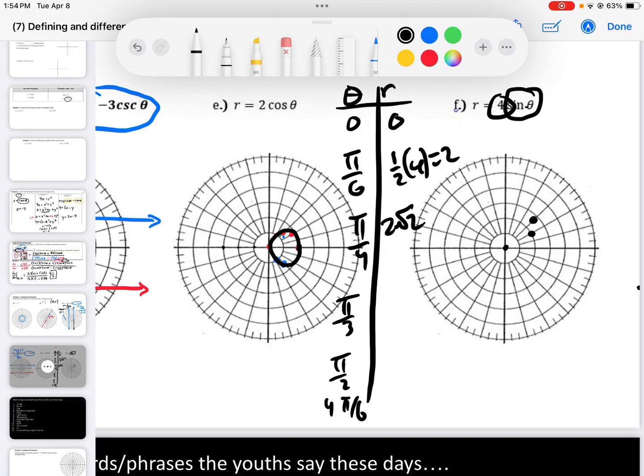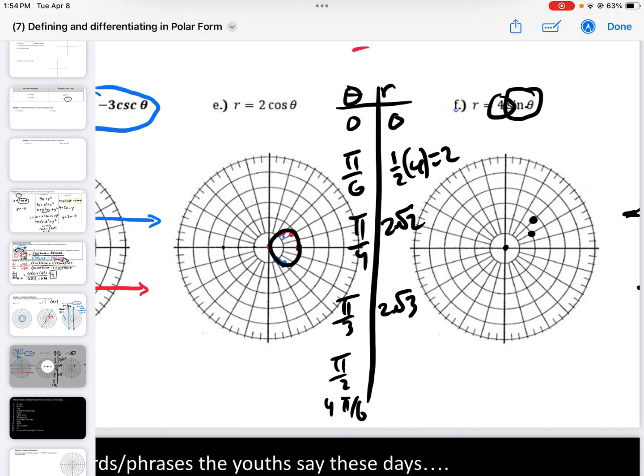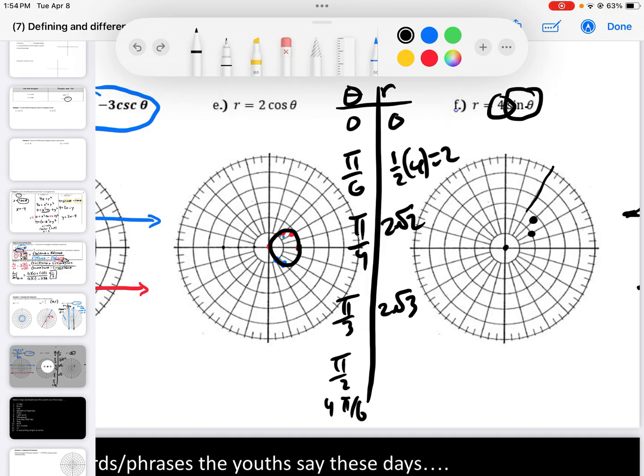Okay, sine of pi over 3 is root 3 over 2 times 4 would be 2 square roots of 3. 2 square roots of 3 is about 3.4. So going along this, is it that radian? No. Yeah, so 1, 2, 3, 4 pi over 6. Sorry, 4 pi over 12 would be pi over 3.